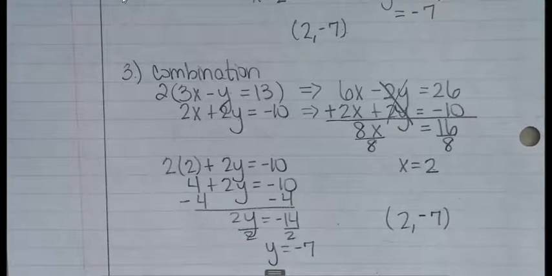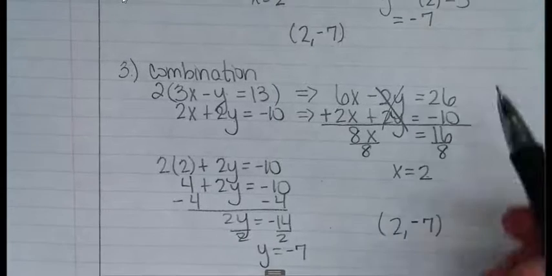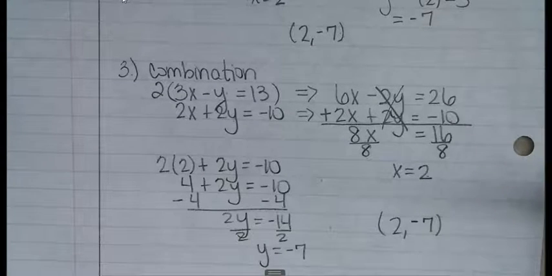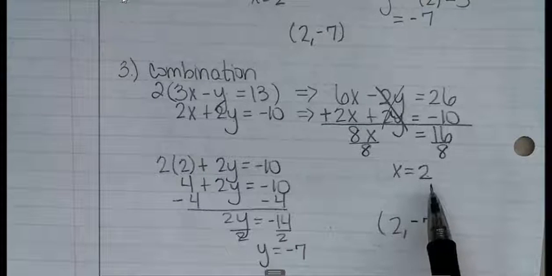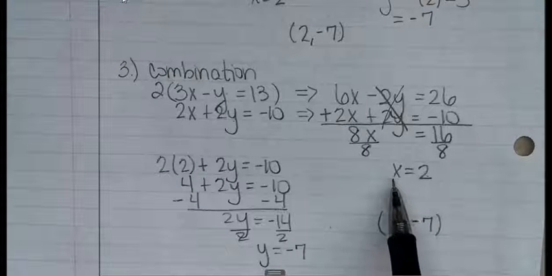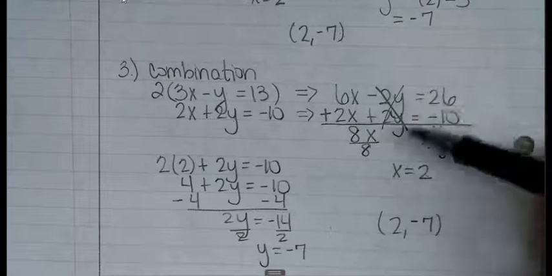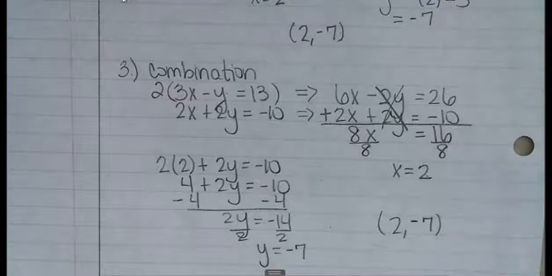Now, the combination way gets a little bit weird, because sometimes when you're doing combinations, you may end up with x not equaling something. So what happens if you add two things together and you get some weird statements? Okay, so let's try one where we get some weird statements.